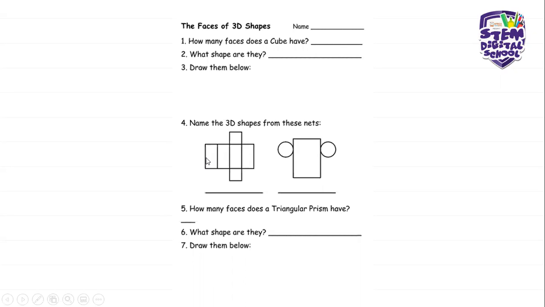I've got 2 nets, and I want you to tell me what are those objects that can be drawn, rather, or constructed, since they are 3D objects? What are those nets going to do? So, the 3D shapes that can be formed out of these nets.